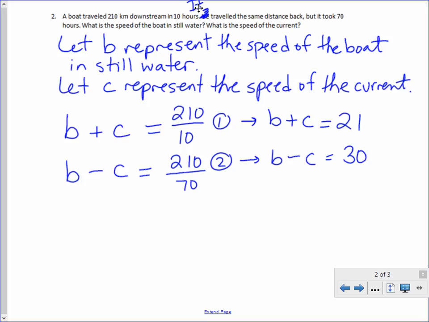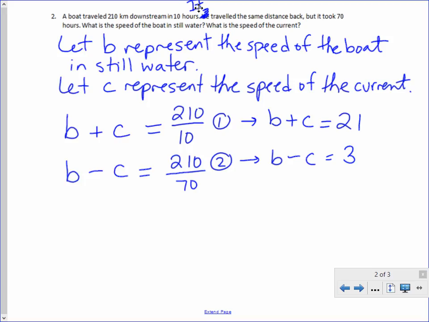Does it make sense? It should, because here's what this is saying. You go downstream pretty fast, almost only a 10-hour trip, and the overall speed of the boat with the current together is 21 kilometers per hour. We're doing the slow journey back upstream, and the current is hindering my boat's progress, so I'm going at a slower speed. My overall speed is only 3 kilometers per hour.